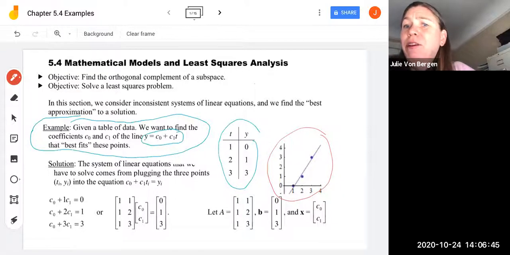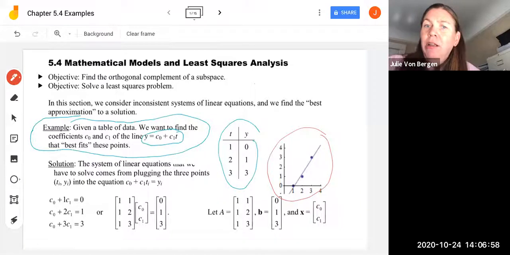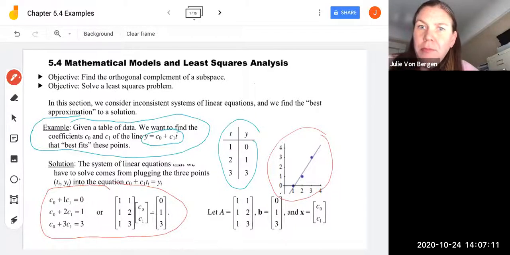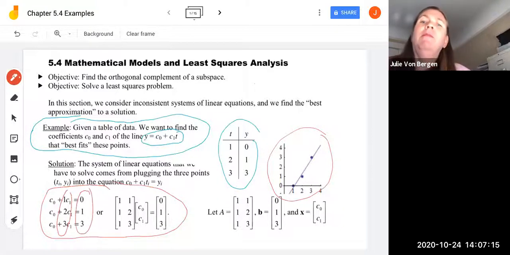So the system of linear equations that we have to solve comes from plugging the 3 points, t1, y1, t2, y2, and t3, y3, into this equation. C naught plus C1 equals 0, C naught plus 2C1 equals 1, and C naught plus 3C1 equals 3, where these are our t values and our y values are the output.